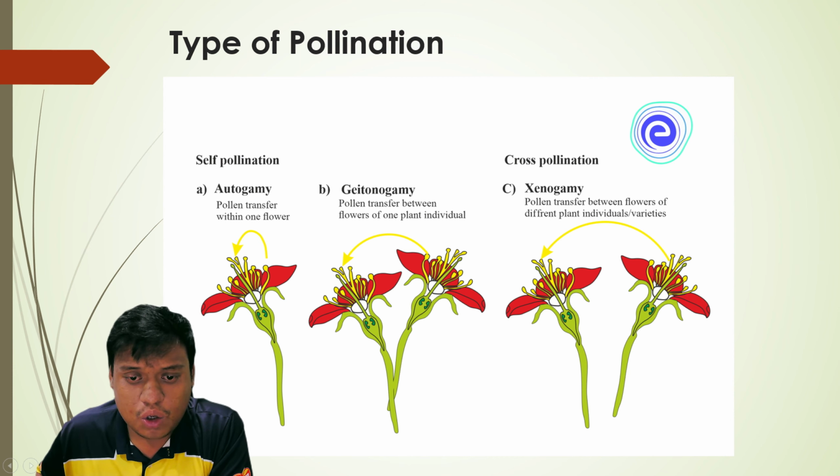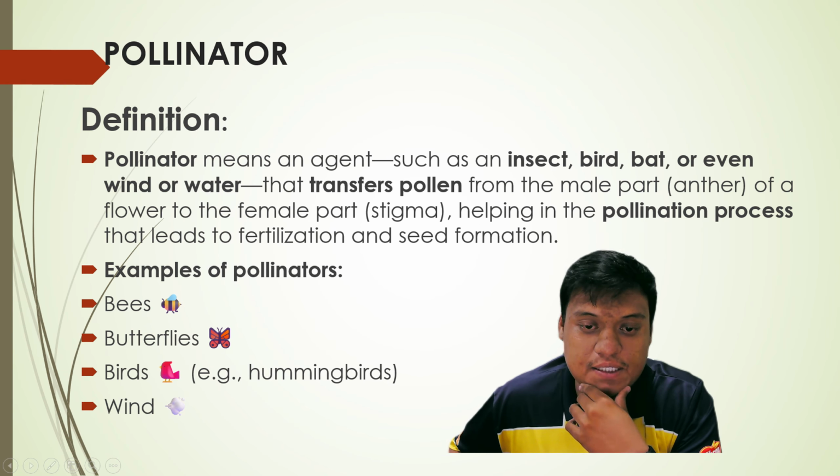For self-pollination, we have autogamy and geitonogamy. Autogamy means pollen transfer within one flower, while geitonogamy means pollen transfer between flowers of one plant individual. For cross-pollination, the process called xenogamy happens when a pollinator is the agent.